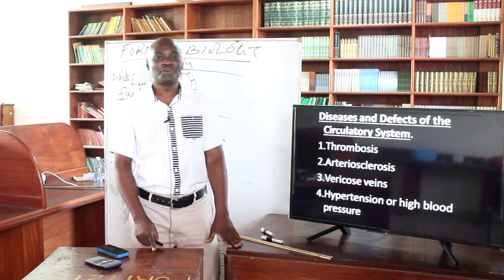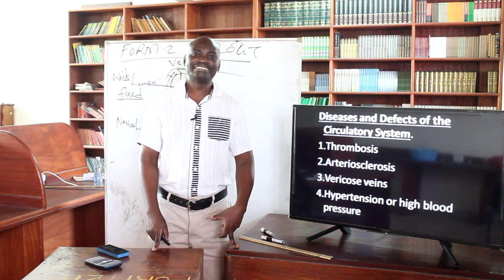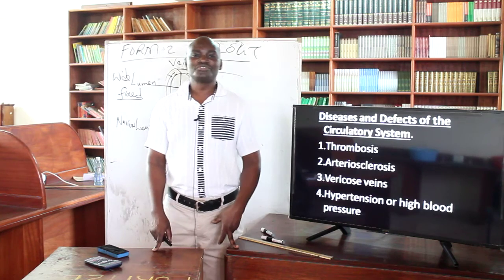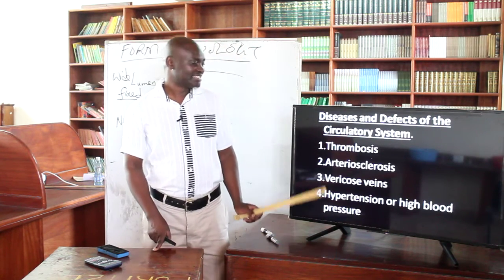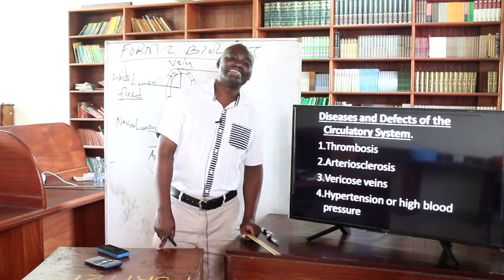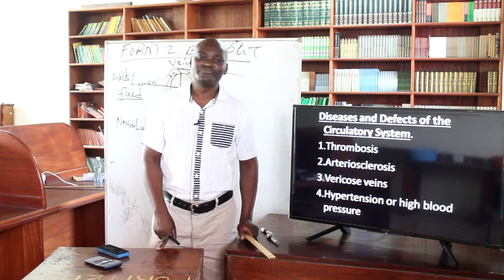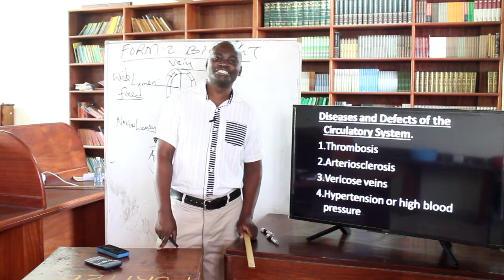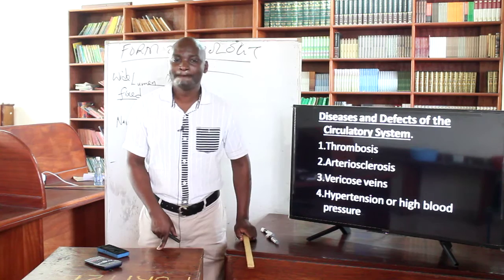So we have 4 diseases and defects of the circulatory system. One is called thrombosis. The second is arteriosclerosis. The third is varicose veins. And then we have the common one, hypertension, or high blood pressure.